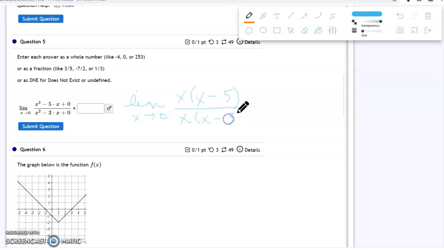And once I have them factored, I can go ahead and cancel out the common x's. So now if I stick 0 in, it doesn't cause a 0 in the denominator. And I'll have 0 minus 5 over 0 minus 3. And that will give me positive 5 over 3.